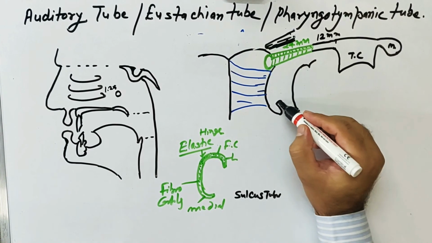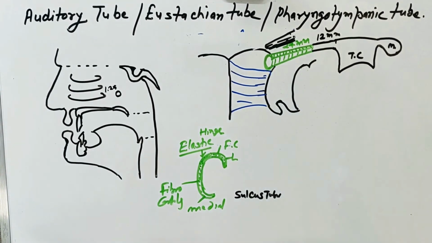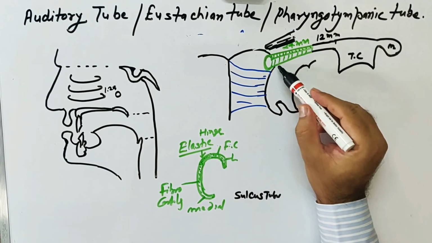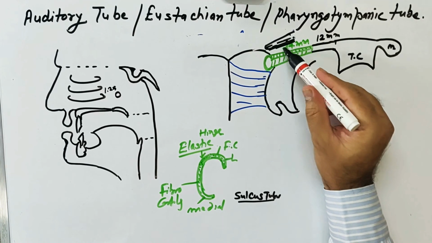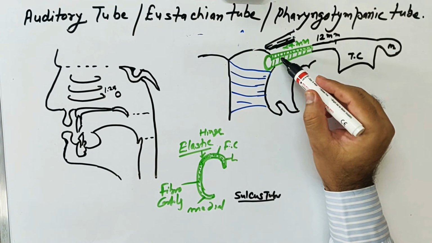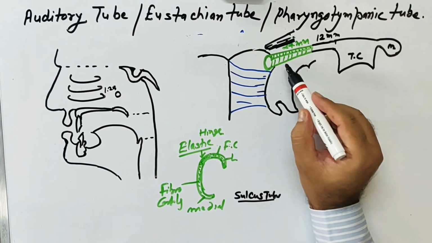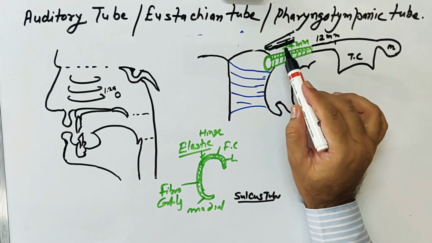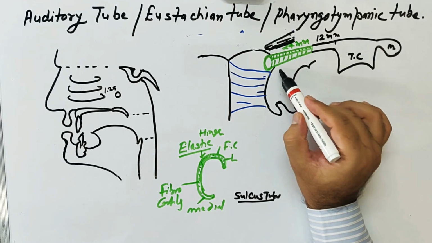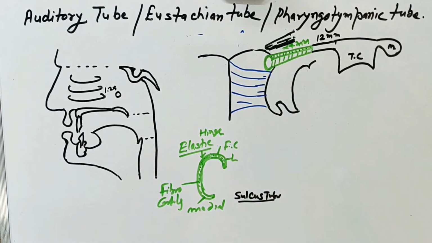This is the sulcus tubi, where the cartilaginous part is situated, and it lies between the petrous part of the temporal bone and the greater wing of sphenoid.